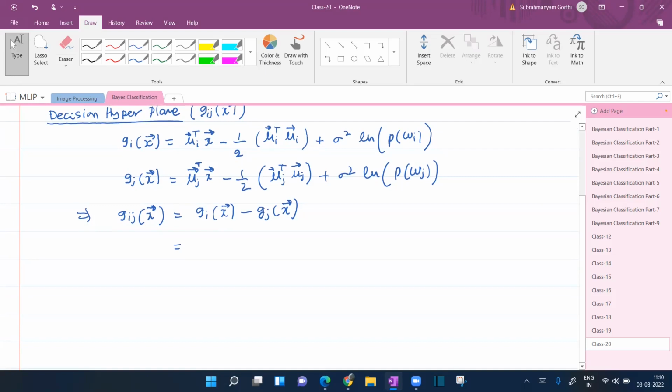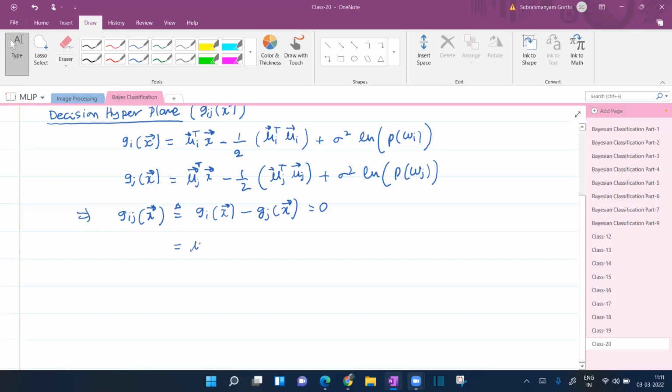For the decision plane, if I want to compute, g ij of x bar equal to 0 will give me the decision plane. This is how g ij of x bar has been defined.